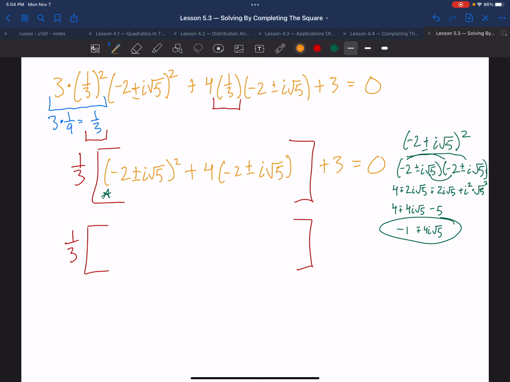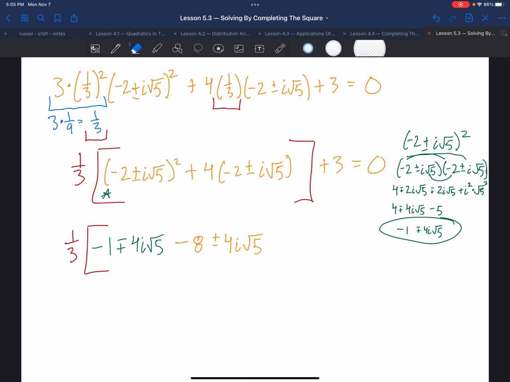Okay, so if I come back here, and I squared that whole business out, I'm going to get -1 minus or plus 4i root 5. And then if I distribute this 4 here, I get -8, and then plus or minus 4i root 5.